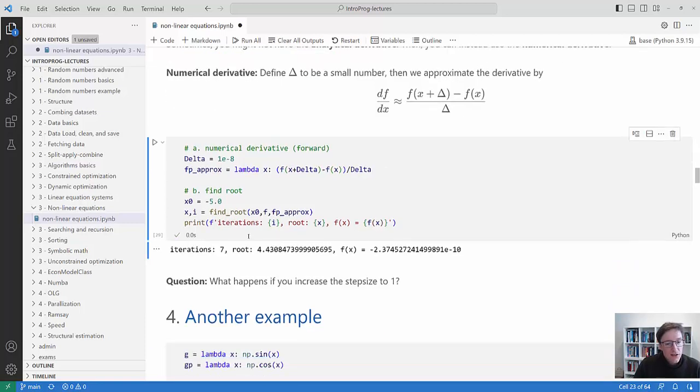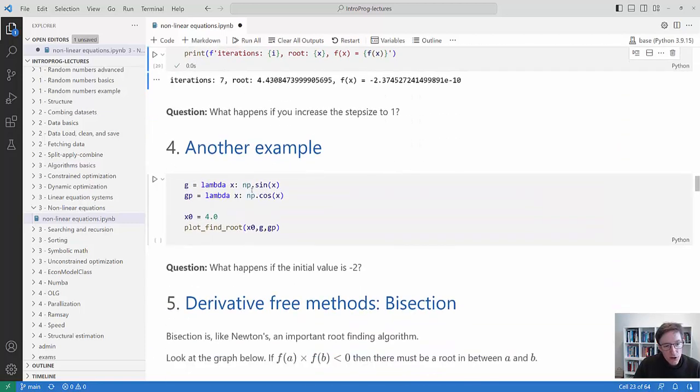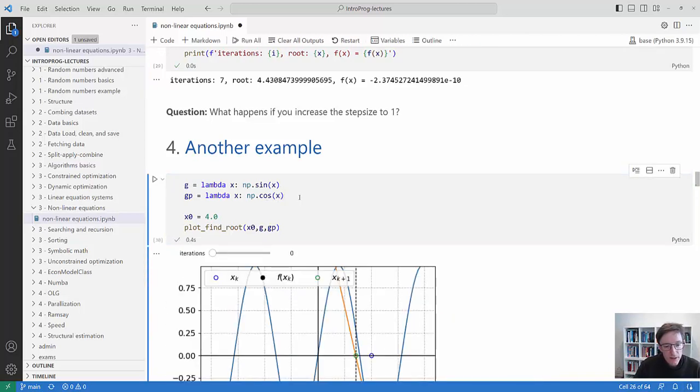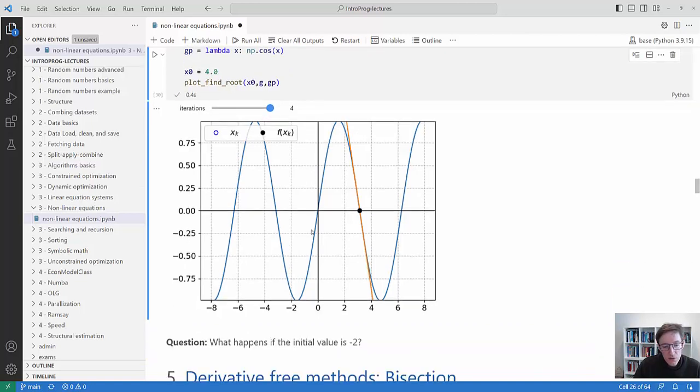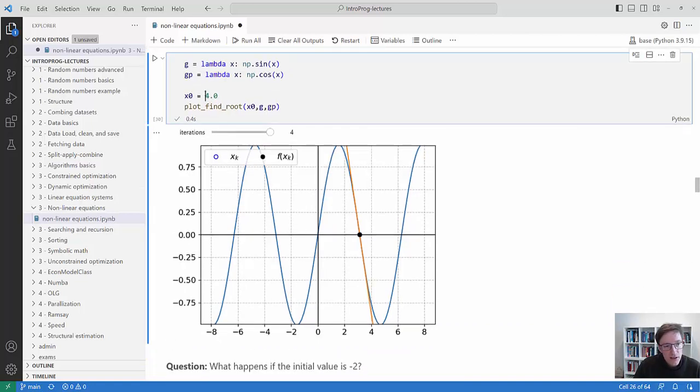Okay, let's also try another example. Here I have a g function that's the sine, and the derivative then is cosine. Now we can see that we guess 4 to begin with. That's not 0. We do our Taylor approximation and guess where the 0 is. If we step forward, we can see that we converge to something. Now, what happens if we instead choose the initial value -2?